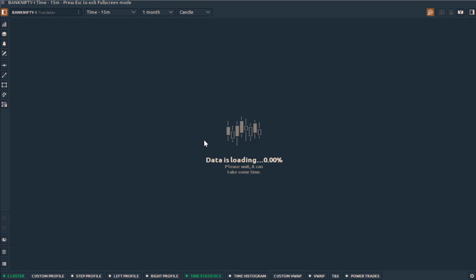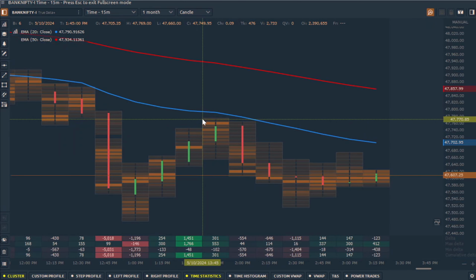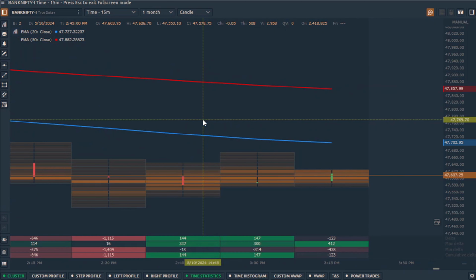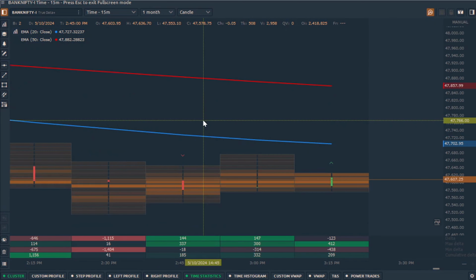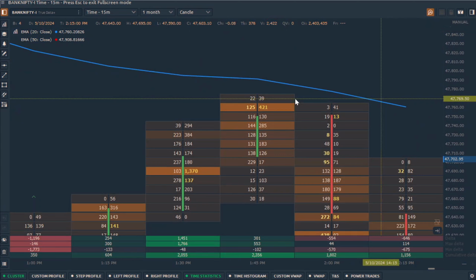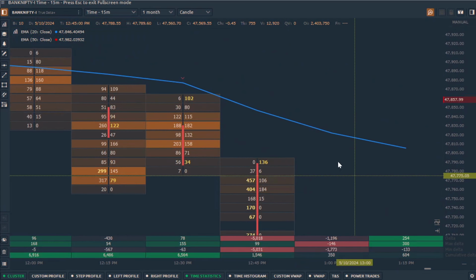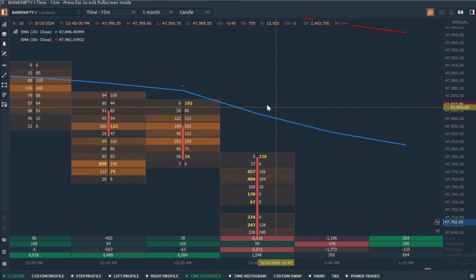As you can see, in the order flow chart as well, you will be able to see certain candles, right? I think the data is loading, so it's going to take some time. Let me wait for the data to be fully loaded. Okay, so the data is loaded now. So now this is how a typical order flow chart looks like, right?